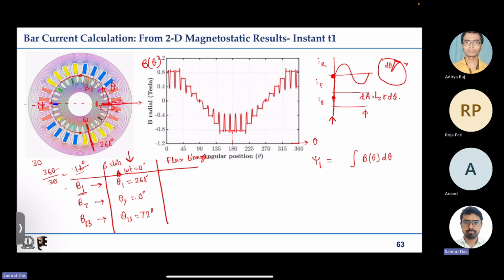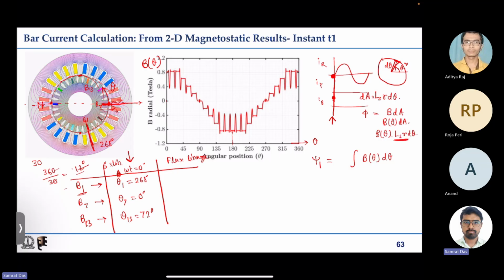Now what is flux? Flux is nothing but B into dA. If we are at some theta, then it will be B of theta into dA, and dA is ls into r into d theta.